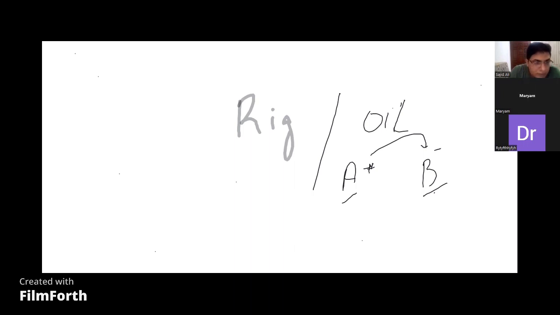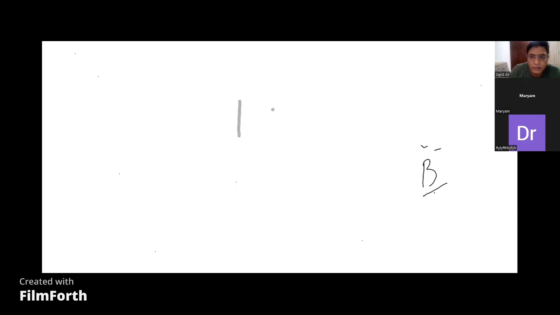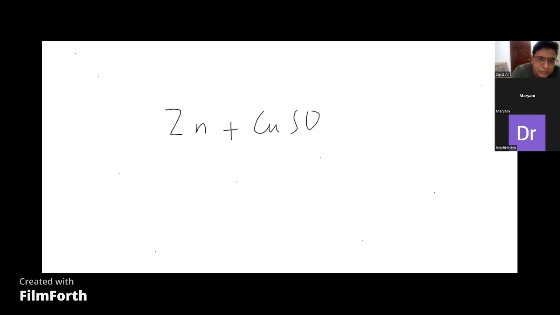Now I will explain it to you with a few examples. For example, we have this very common reaction: zinc plus copper 2 sulfate solution forms zinc sulfate plus copper.